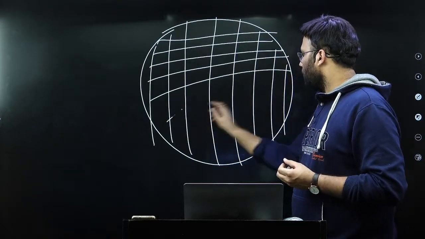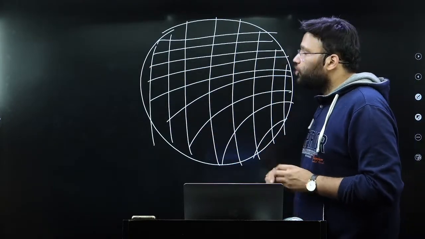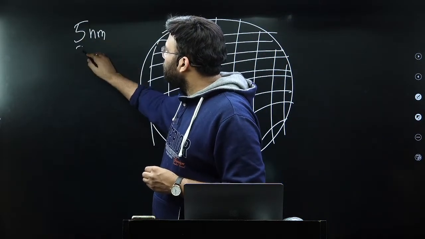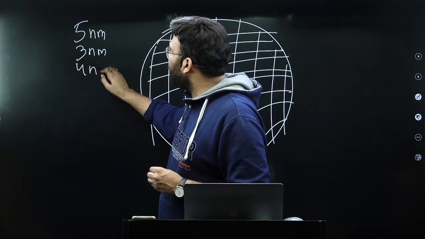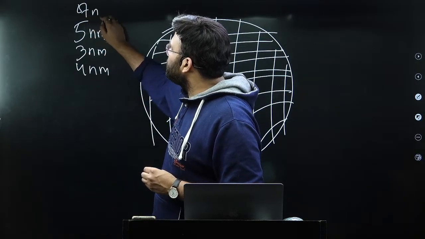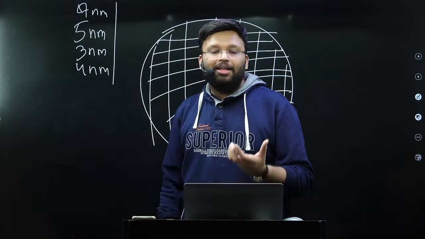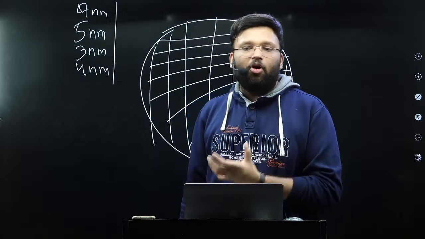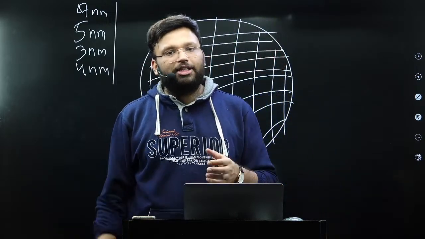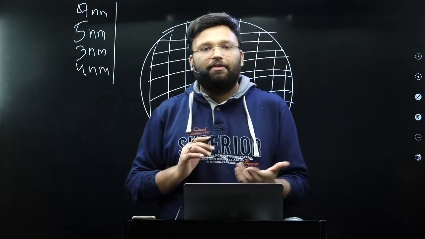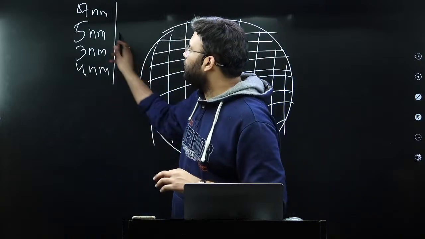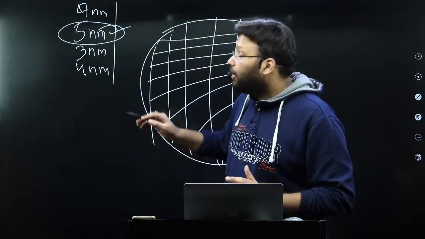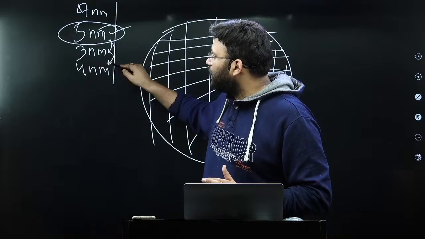Why? You must have heard keywords like 5 nanometer chip, 3 nanometer chip, 4 nanometer chip, 7 nanometer chip. These are the sizes of the semiconductors. In the modern era, we are seeing the use of the 5 nanometer chip; you must have seen that the latest Apple devices claim to use a 5 nanometer chip. This is one of the most advanced chips, but now we are also moving towards 3 and 4 nanometer.